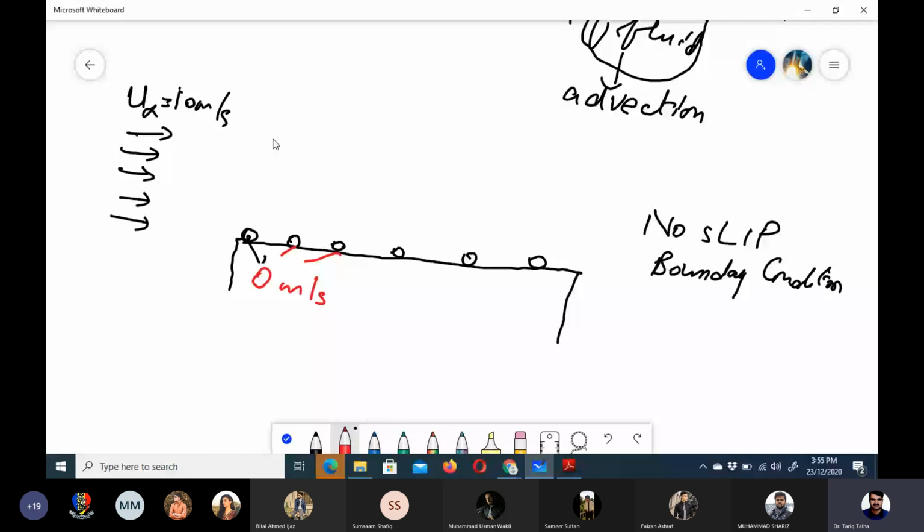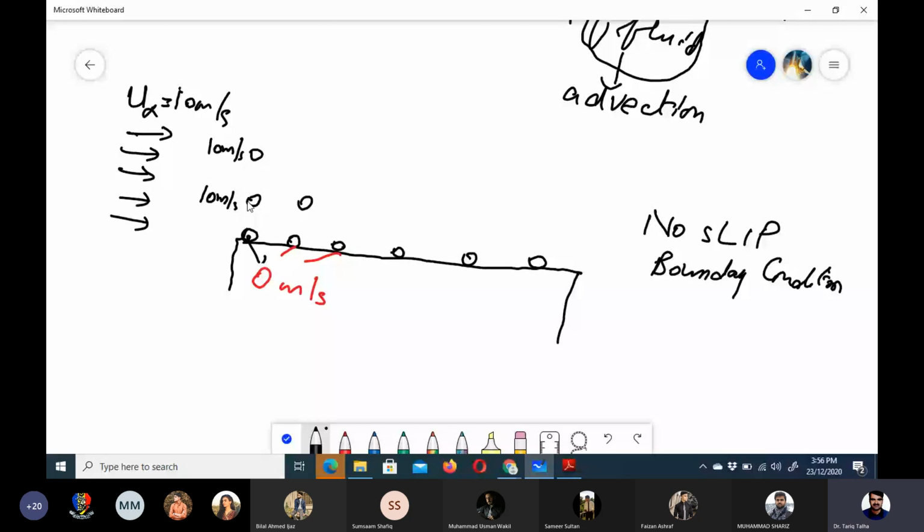Now, what about the next layer here? If I draw 3 layers, because the next layer doesn't know about this surface, it would initially have 10 meter per second, and the third layer would also have 10 meter per second. But as it moves from this point to this point, because the surface layer is zero, it would try to drag it.